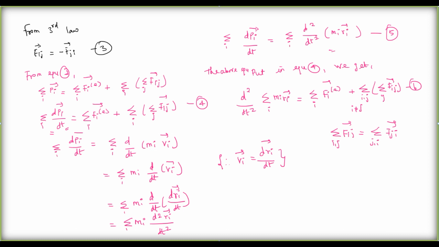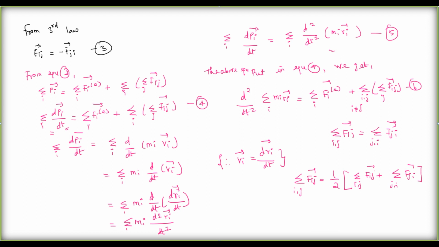We can write summation ij Fij vector as summation ij Fij vector plus summation ji Fji vector.